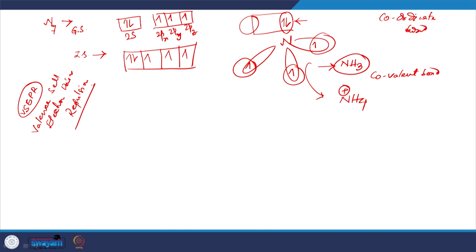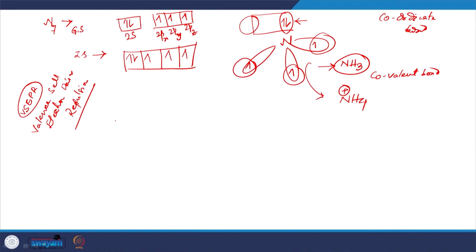According to VSEPR, if there exists a lone pair, it would push or repel the bonded angles. So, from 109 degree 28 minutes in carbon, here it would be reduced to approximately 107 degrees.